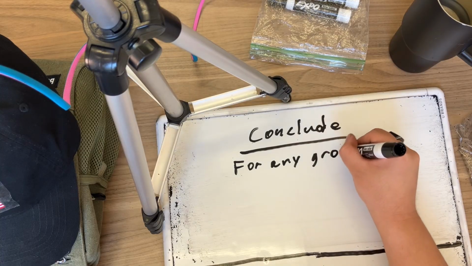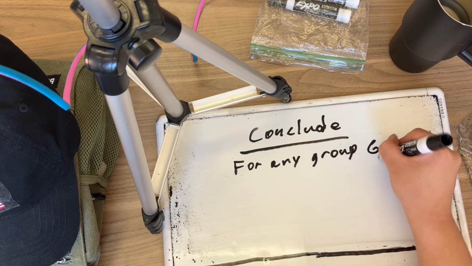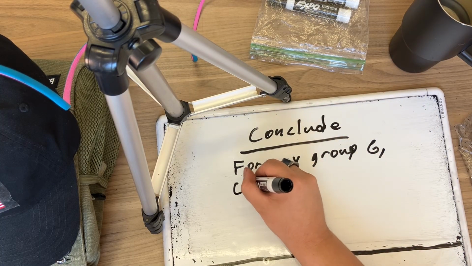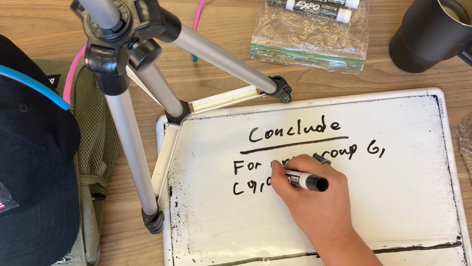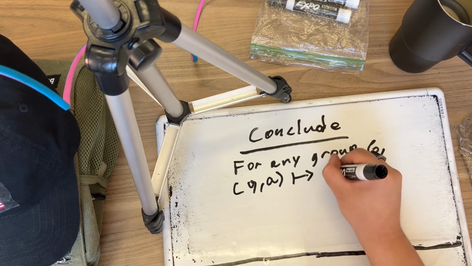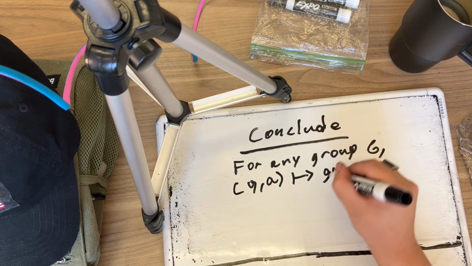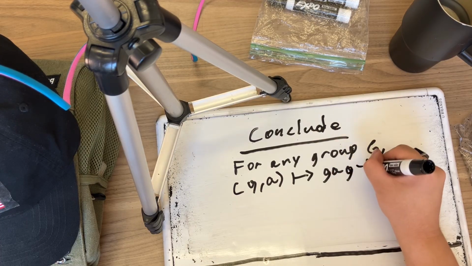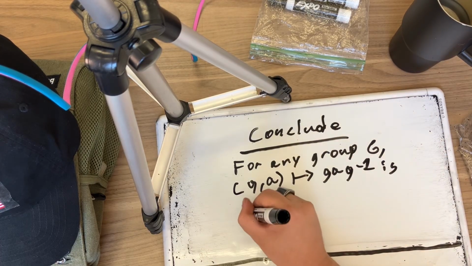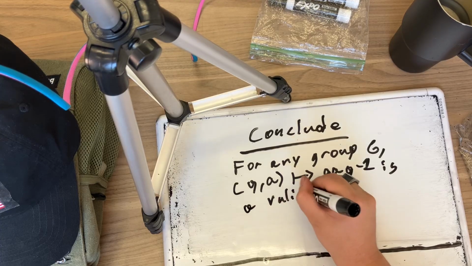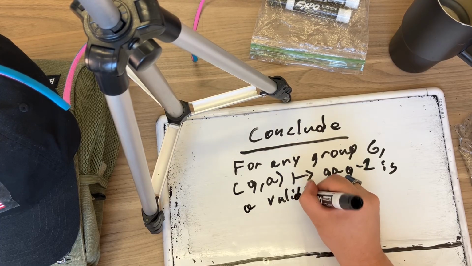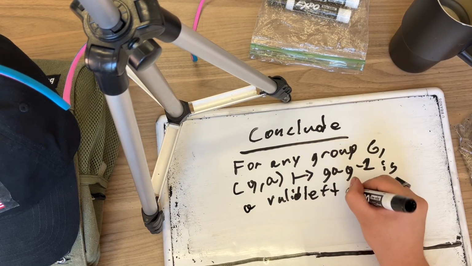So let's include, for any group G, (g, a) to g a g^-1 is a valid left action, which is also known as conjugation, right?